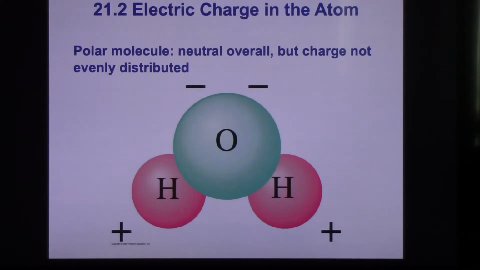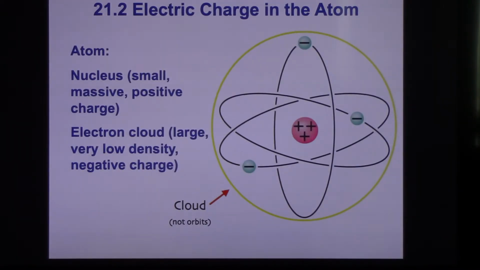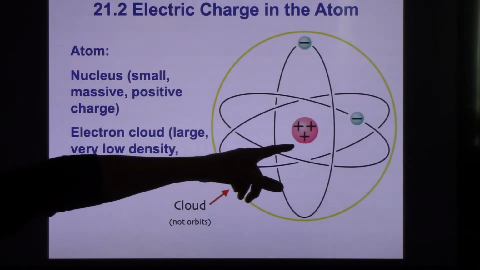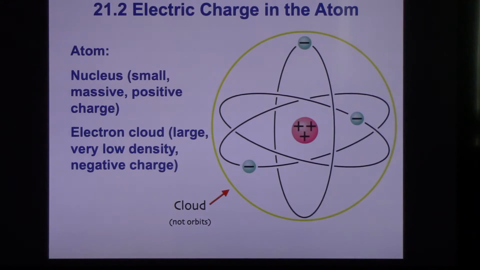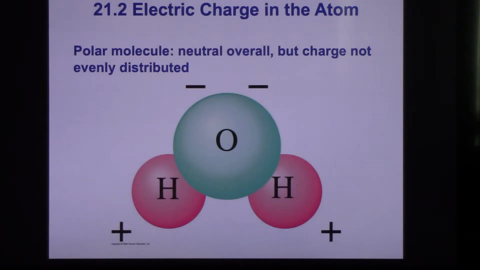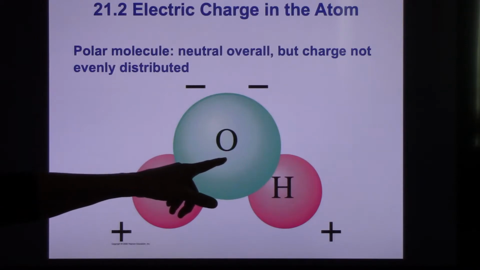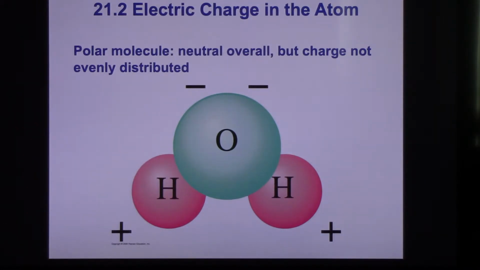Now, electric charges are a little complicated. When we think of these atoms, again, what's happening is I have a point charge of the nucleus that's positively charged, and then I have this cloud of electrons. When we apply that to a molecule like water, what's going on is I have an oxygen nucleus, which is a positive point charge.